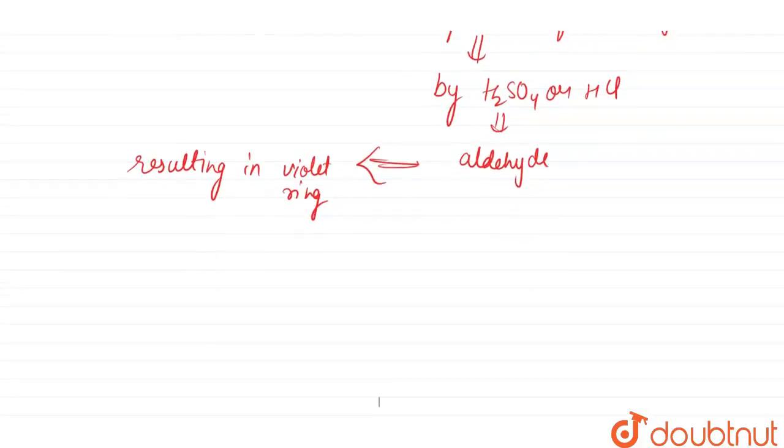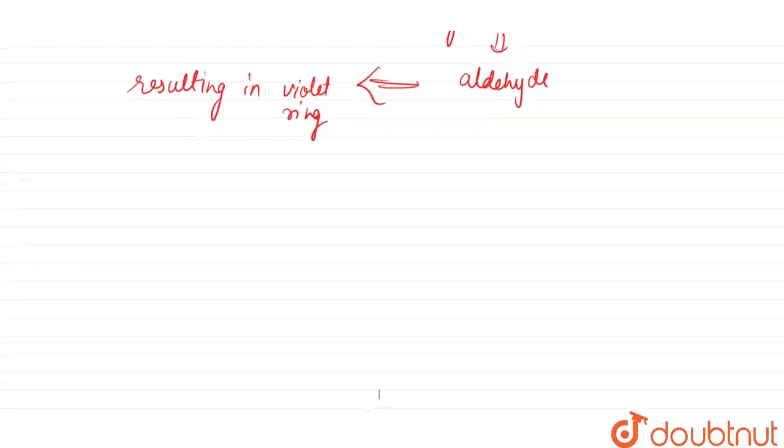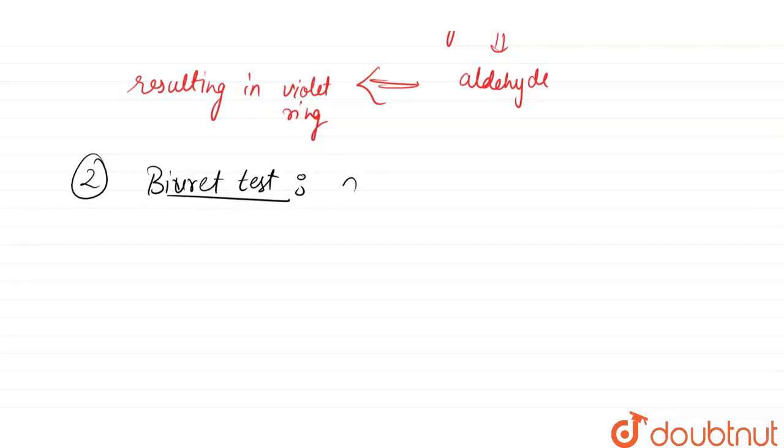So biuret test is basically used in detecting the presence of peptide bonds.